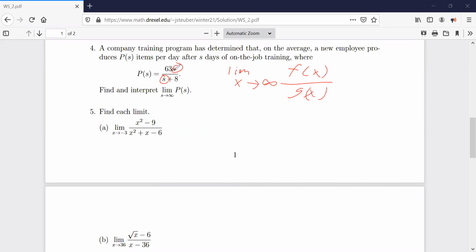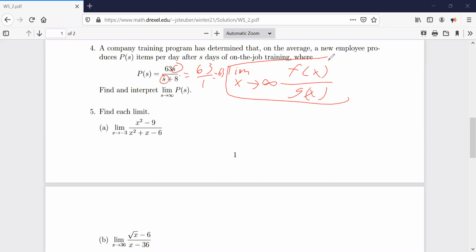This is s to the 1 on top and on bottom. So that tells me that the limit is just going to be the coefficient of the top lead term divided by the coefficient of the bottom lead term. So in that case, that's just 63 over 1, which we normally write as 63.